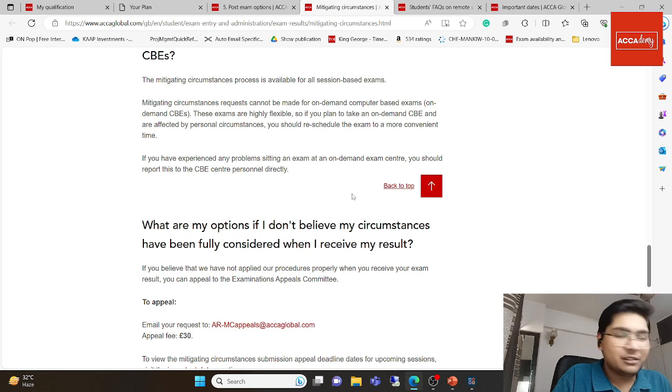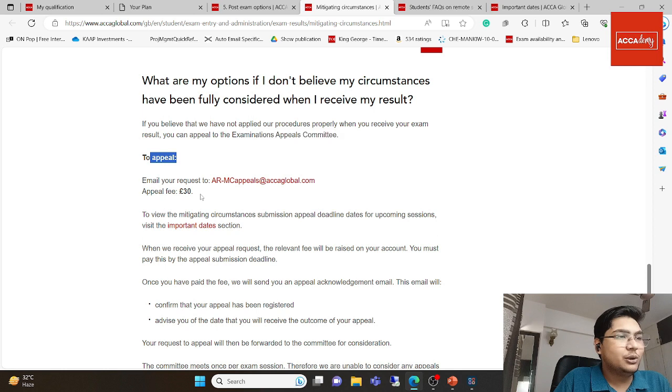And after you receive your result on 16th October and you feel that ACCA did not consider my mitigating circumstances, they did not consider that I did have a certain issue, and you think that ACCA should have been more considerate, you can always file an appeal. You have to file this appeal to this email ID.